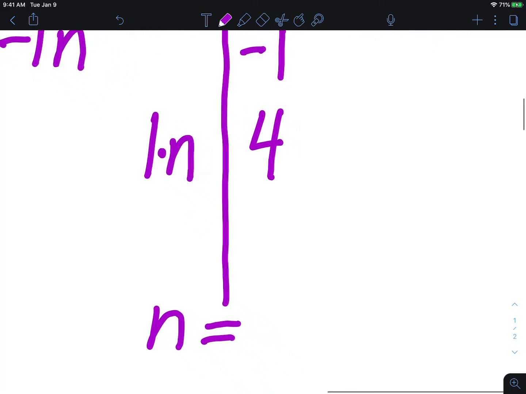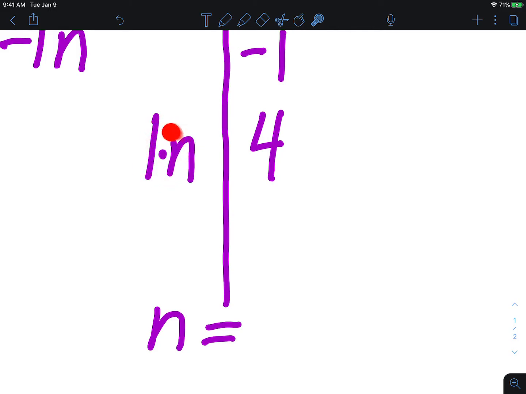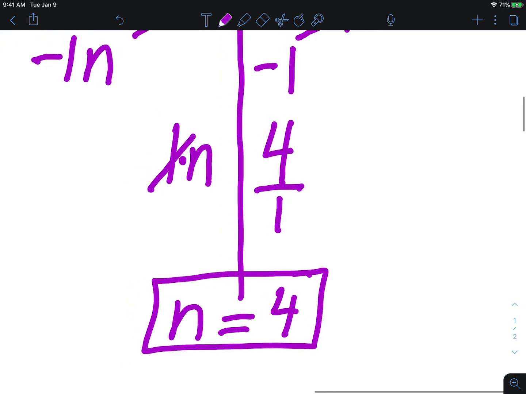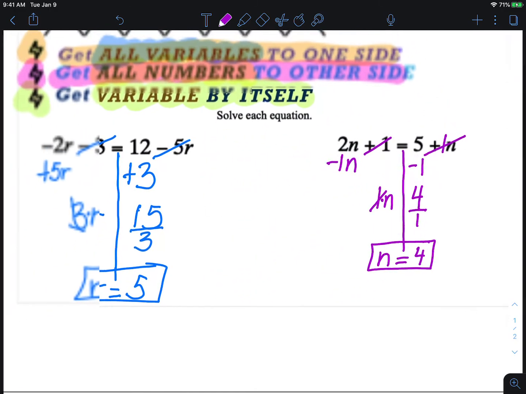So that's 1 times n. So if it's 1 times here, when I bring it over to this side, it's going to be divided by 1. So I'm going to cross out 1, and I'm going to divide by 1 here. 4 divided by 1 is 4. And that's my solution for that one right there.